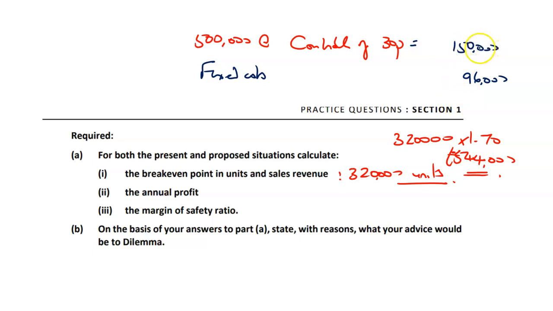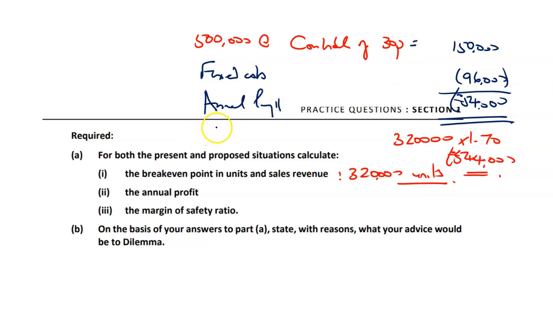That's your contribution on this, and then take away your fixed costs, minus 96,000, and you have 54,000. So your annual profit is 54,000. So this is all for the present situation. Let's look at the margin of safety.